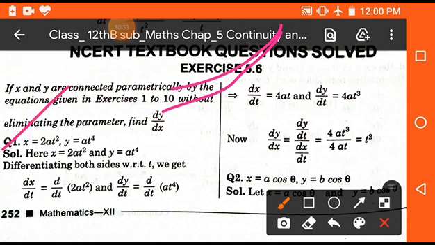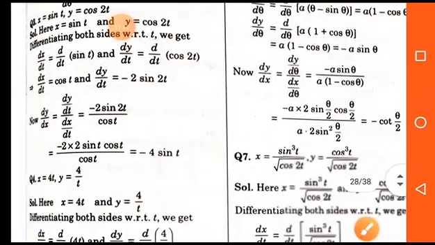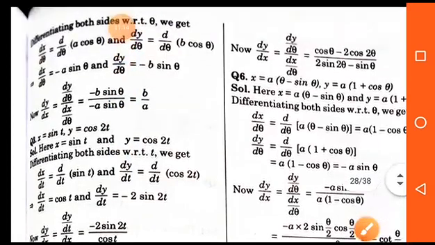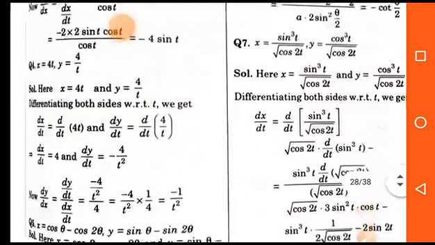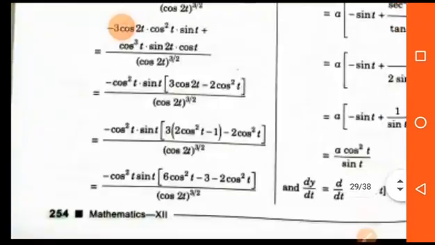You can see here x is equal to 2at square and y is equal to at^4. So differentiate first x with respect to t and after that y with respect to t, and then divide like this, dy upon dt divided by dx upon dt. Clear? So this is the exercise. This is homework for you. So you will have to solve the questions of this exercise. This is your homework. Clear?